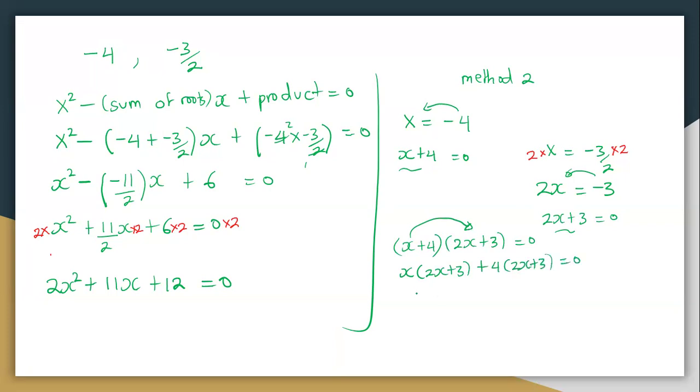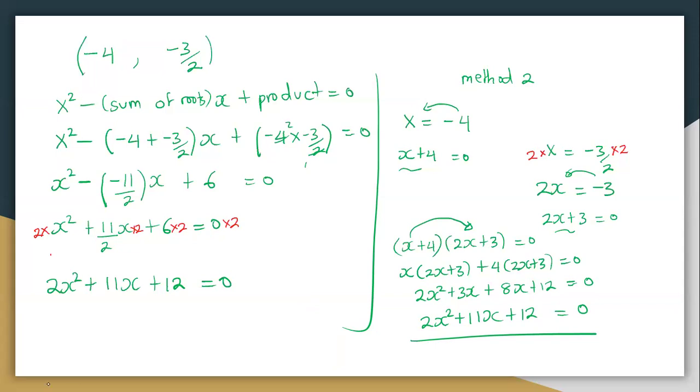So the moment we open, we shall have 2x² plus 3x plus 8x plus 12 is equal to 0. So this will give us 2x², then 3x plus 8x, that is 11x, then plus 12, which is equal to 0. So you can use any of the two approaches, the one that you feel is easy for you, or the one you have understood very well.